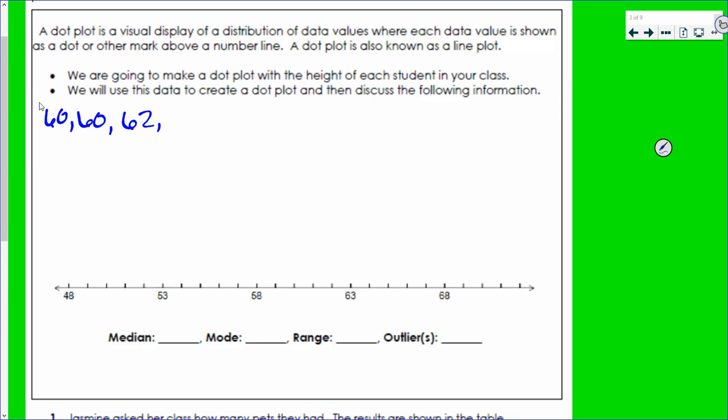Wait. 54. Alice. I don't think you're 6 foot. You're not taller than me. I'm 6 foot. Who measured Alice? 63, that's better.